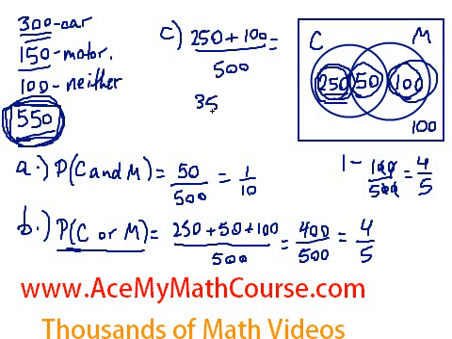And we're going to have 350 out of 500, which will simplify into 7 out of 10. So 7 out of 10 people in this neighborhood own either a car or a motorcycle, but not both.